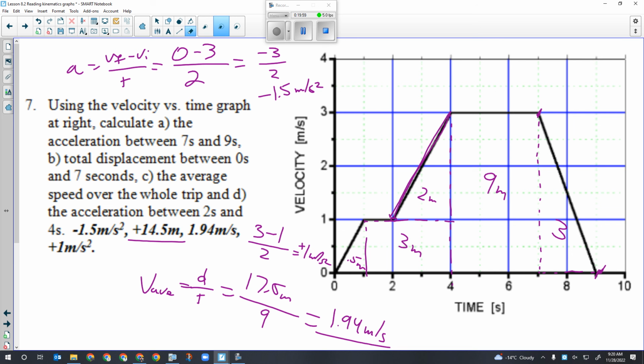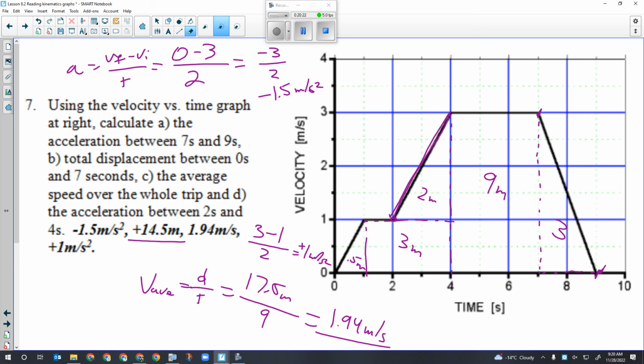Notice I didn't say calculate the acceleration between 4 and 7 seconds. I only asked what is the acceleration between 4 and 7 seconds. How many marks would that be out of? 1. Why? Because there's no acceleration between 4 and 7 seconds.